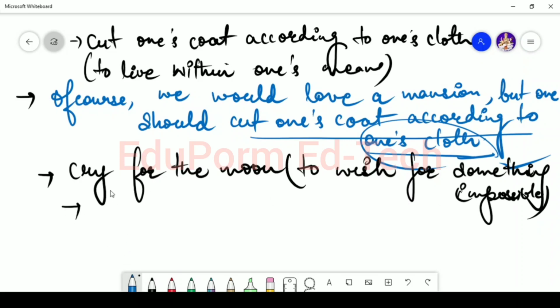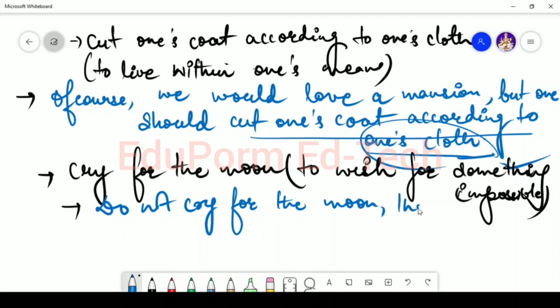Let's say for example, if I have to say that do not cry for the moon, there is no such thing like luck.